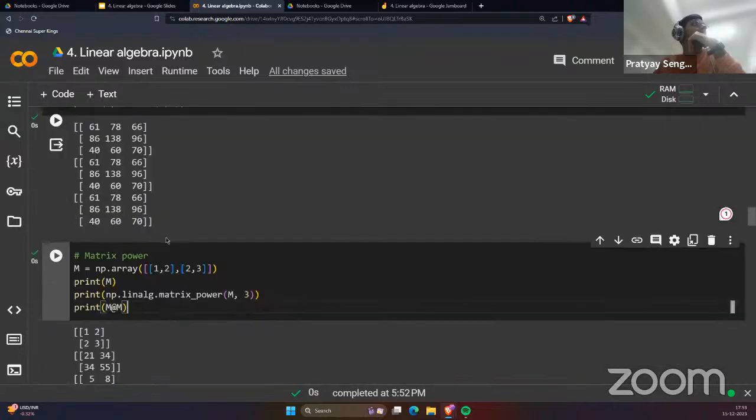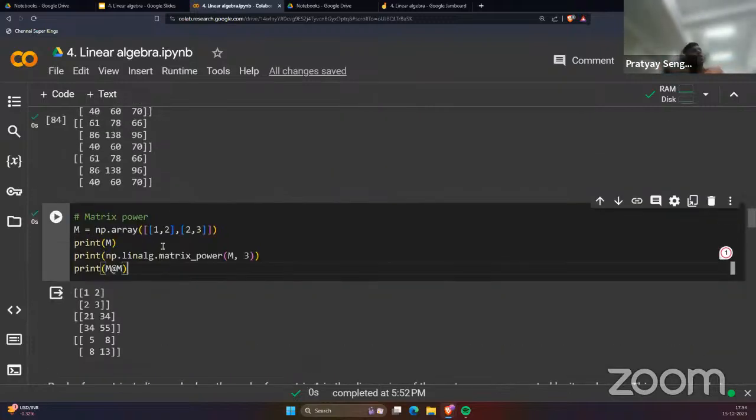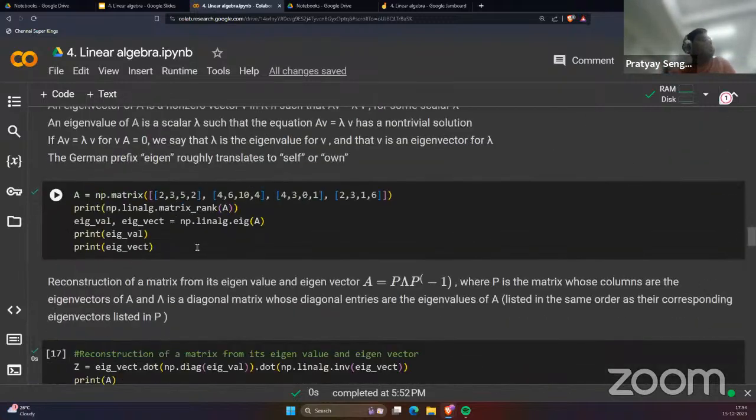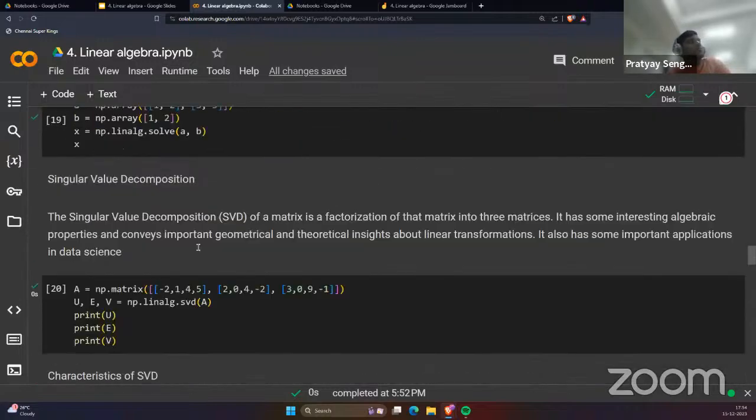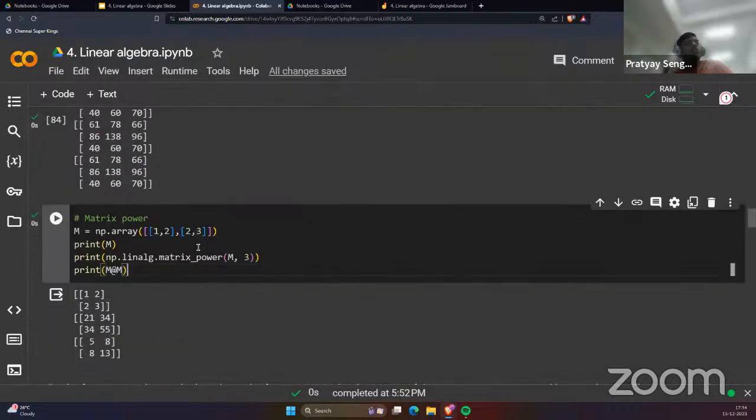If you have any questions, you can ask me, and then we will start with advanced topics of matrix like rank, SVD, eigenvalue, eigenvector. Those we will be doing after this. Just make sure the basics of matrix are clear in your mind. You can take a short break of 3 4 or 5 minutes.